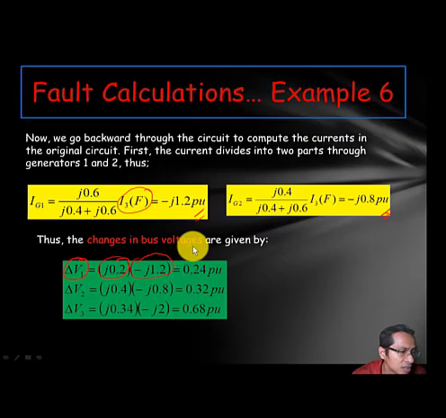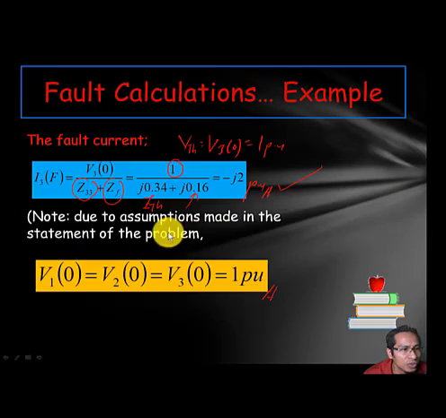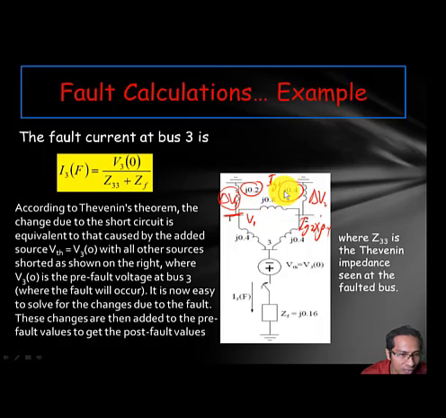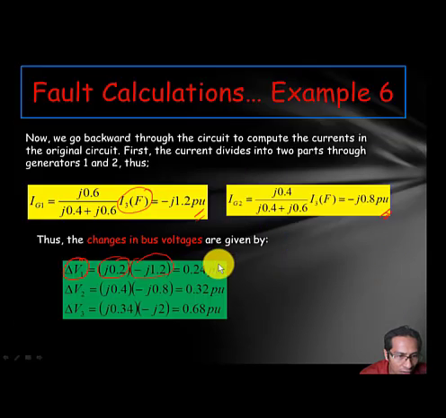So the voltage change at bus bar 1 equals 0.2 times Ig1, and we get this value, 0.24 per unit. The voltage change for V2 is this impedance, j0.4, times Ig2. Ig2 is minus j0.8, so j0.4 times minus j0.8 gives 0.32.